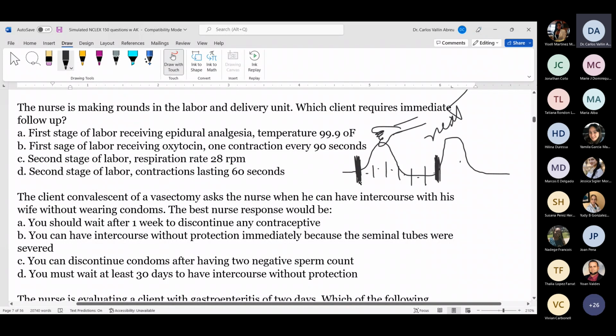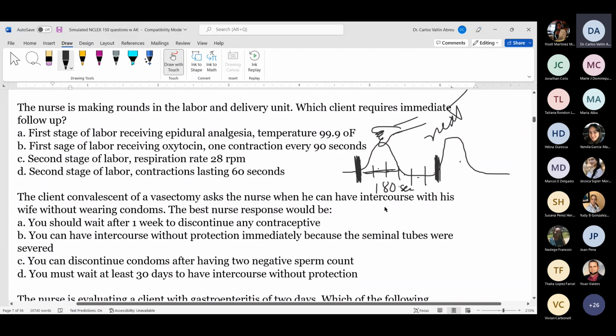When the contraction starts, you start counting. You can count in minutes or seconds, preferably seconds, and you say, okay, 1 minute or 60 seconds, 2 minutes or 120 seconds, 3 minutes, 180 seconds. So this contraction that I draw here is lasting 180 seconds, too much.